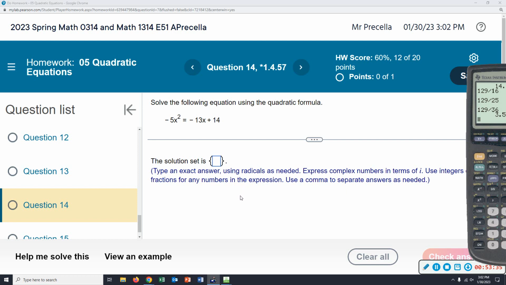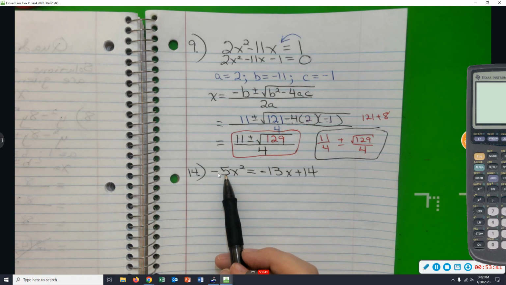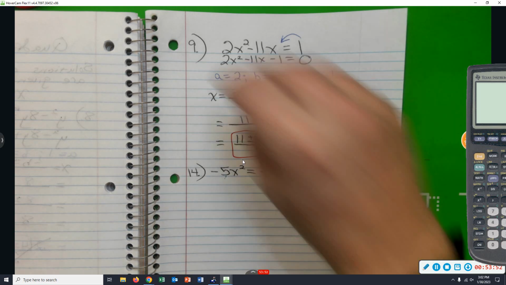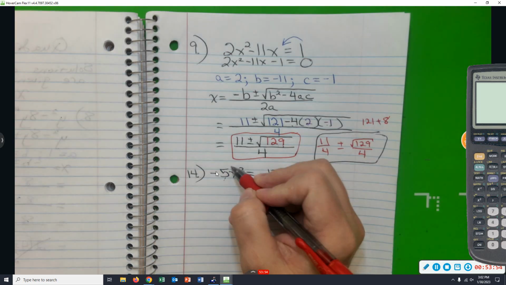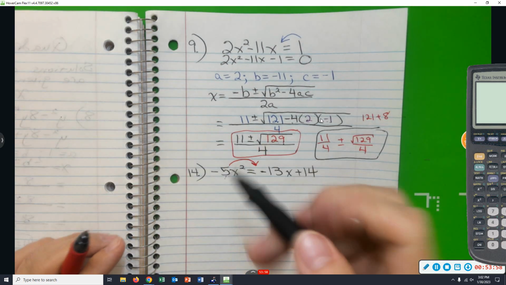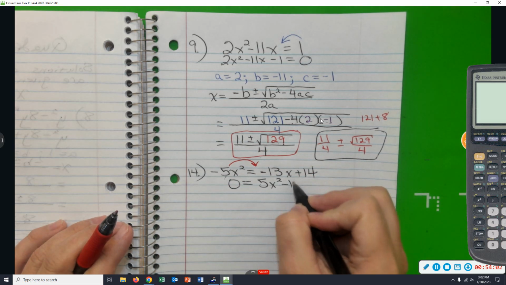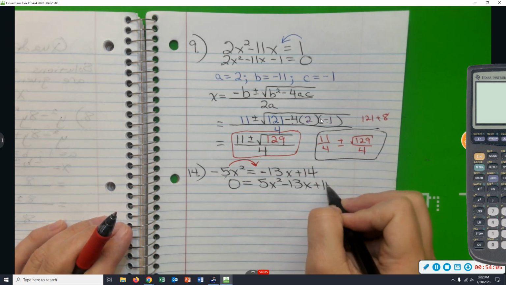No, as a matter of fact, I like the way you're thinking. You know you want that number in front of x squared to be positive. And so the easiest way to get a 0 on one side and a positive leading coefficient, move the negative 5x squared over to the right, and that's going to become a positive 5x squared minus 13x plus 14.